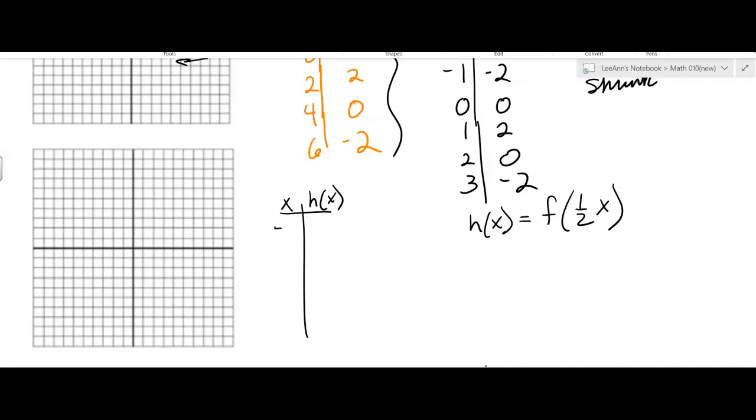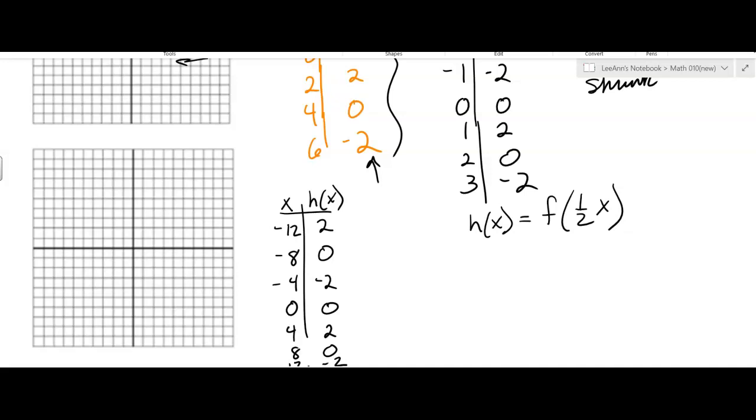So now I'm going to have -12, -8, -4, 0, 4, 8, and 12, but I'll still have these same outputs. So it was 2, 0, -2, 0, 2, 0, -2. Okay, so hopefully I got all those right.